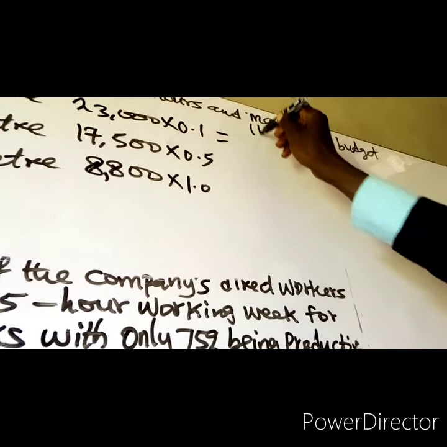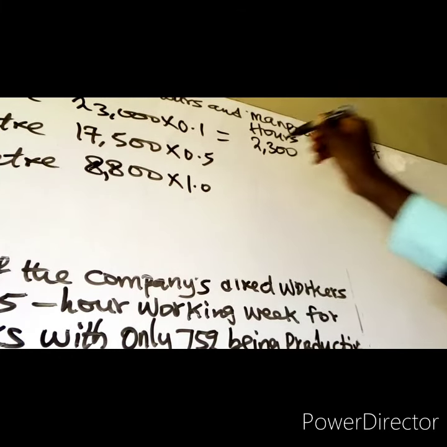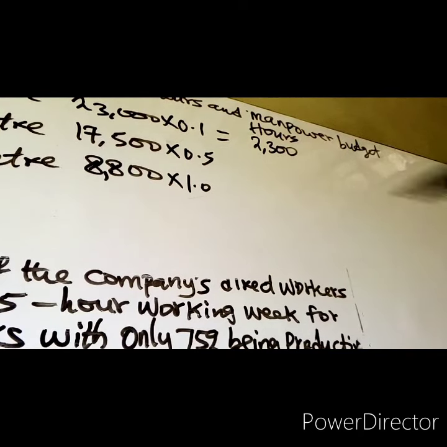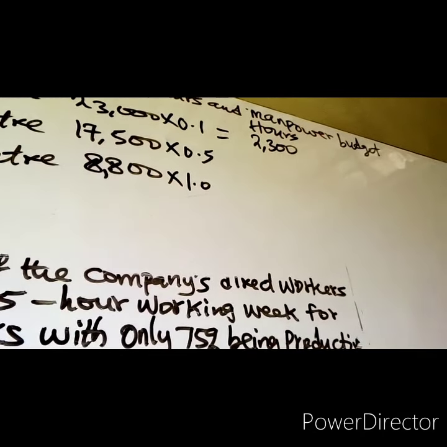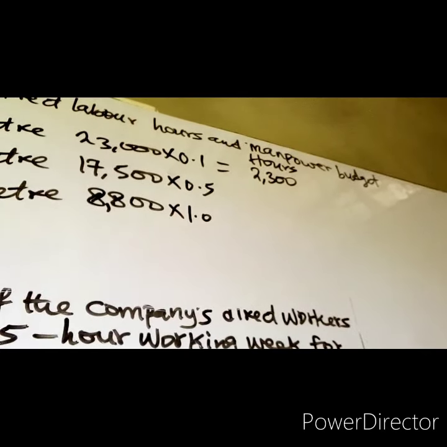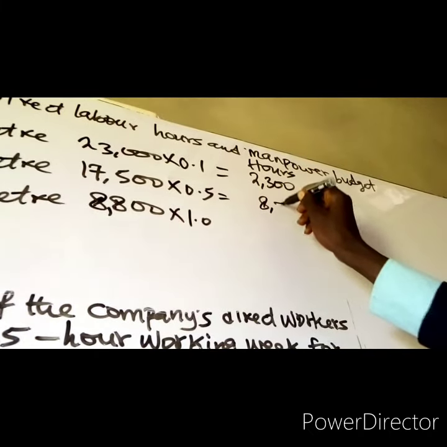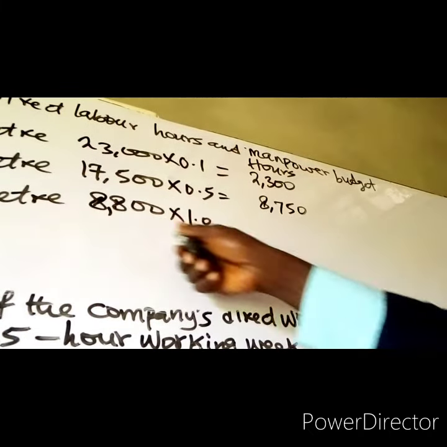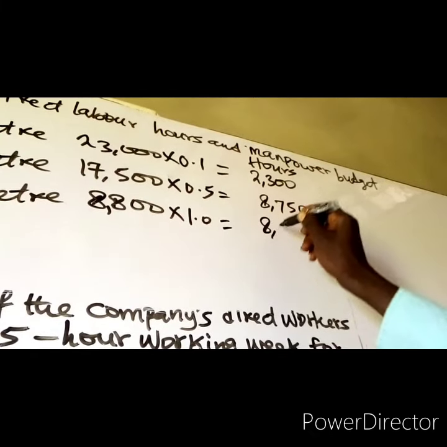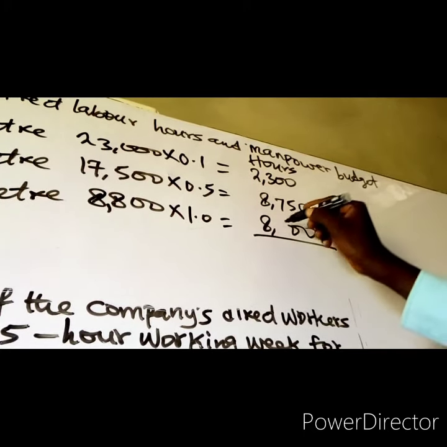So this one will give us 2,300 hours. This one, 17,500 times 0.5, will give us 8,750 hours. Then 8,800 times 1 will give us 8,800 hours.